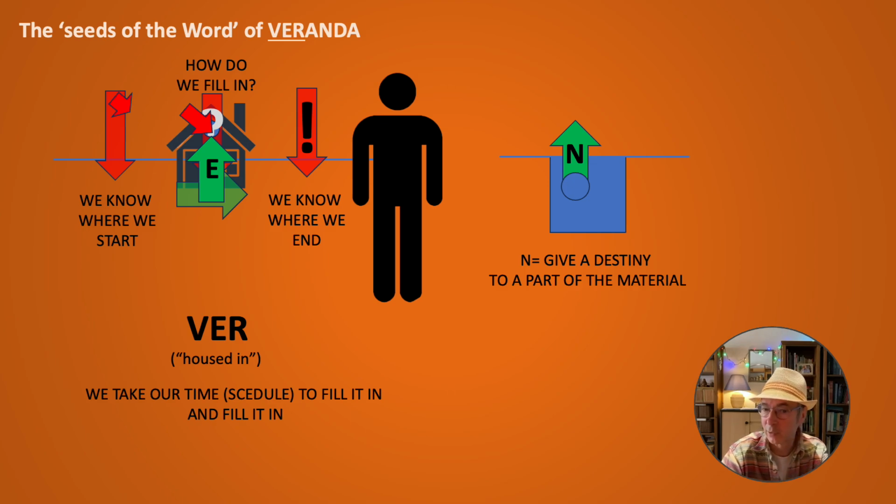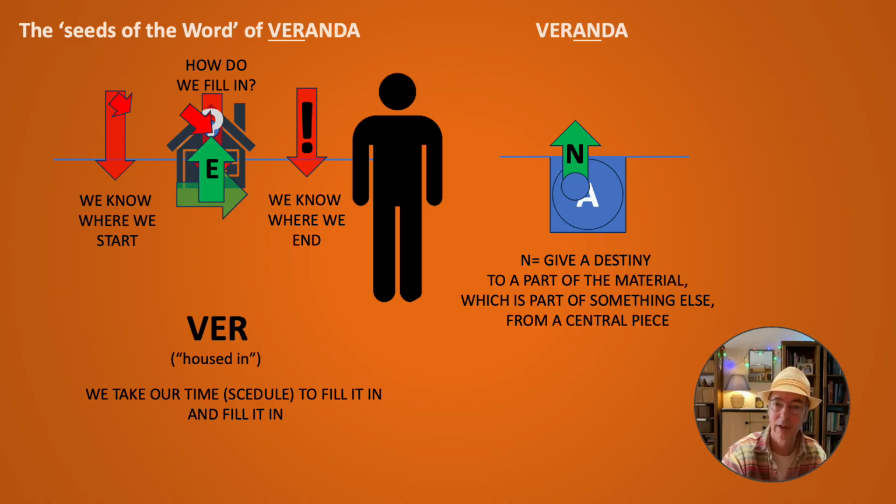You give destiny to a certain part of the material, you give it a different destiny, and so on. Starting from A emphasizes even more. We start from something and we take a part from it, a part of something, from a central piece actually, to give that a different destiny.